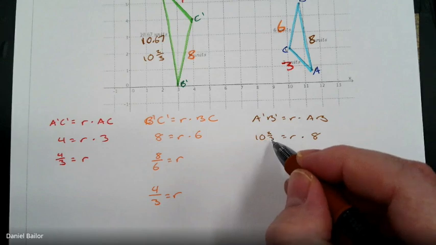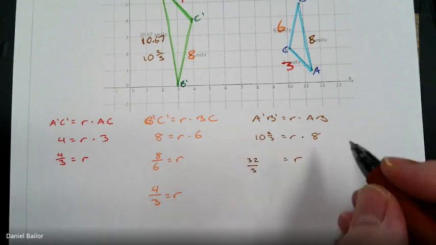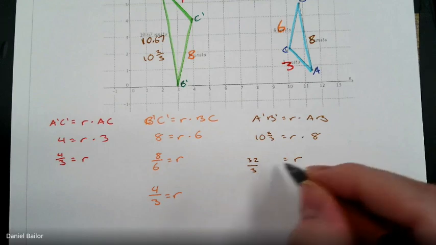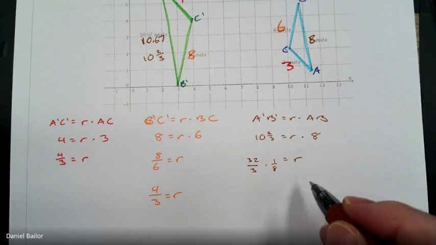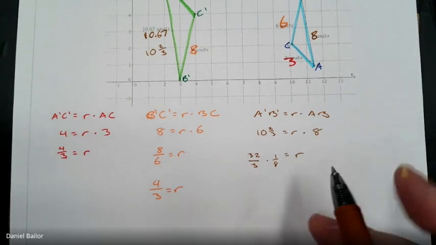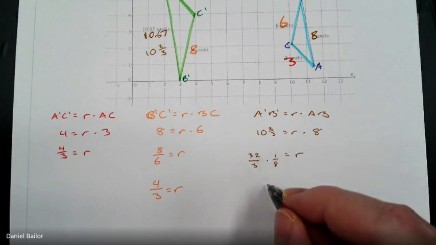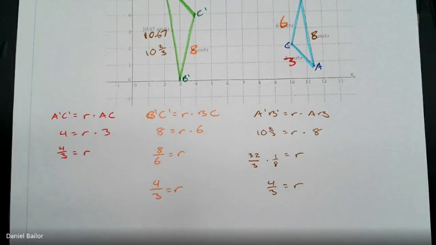So 10 2/3 is actually 32/3. And you divide by 8, which is the same as multiply by 1/8. You should remember how you multiply your fractions. If you don't know how to multiply fractions, make sure you talk to me about it. But if you do the multiplication, you find out that this R is also 4/3.